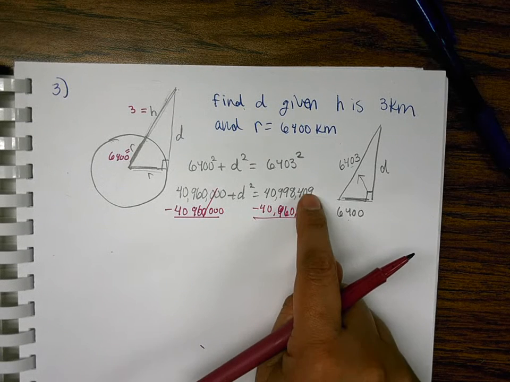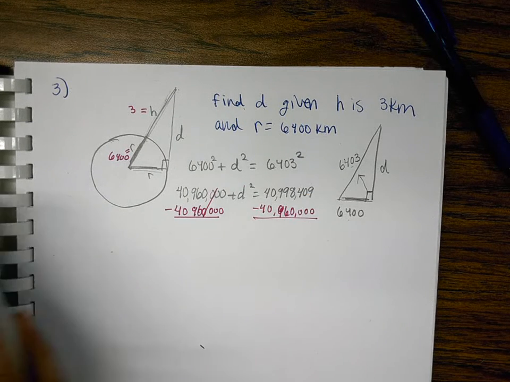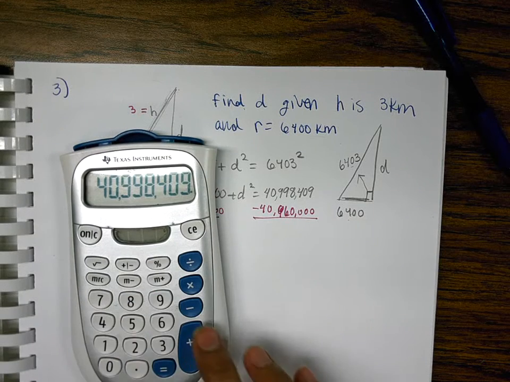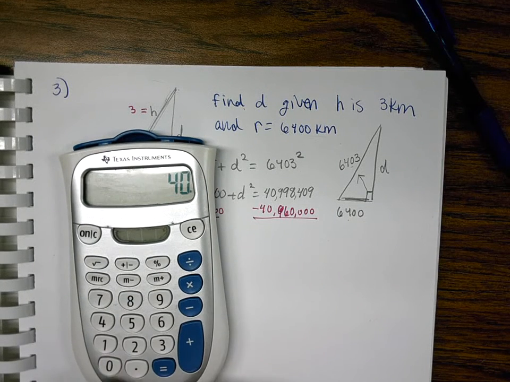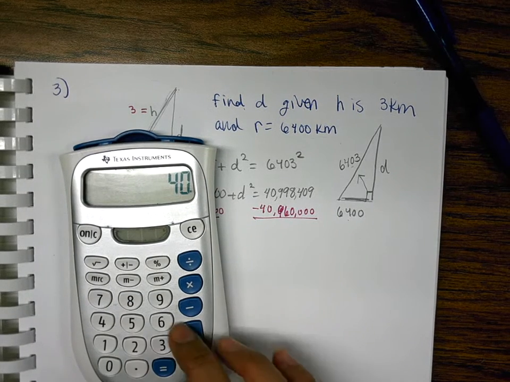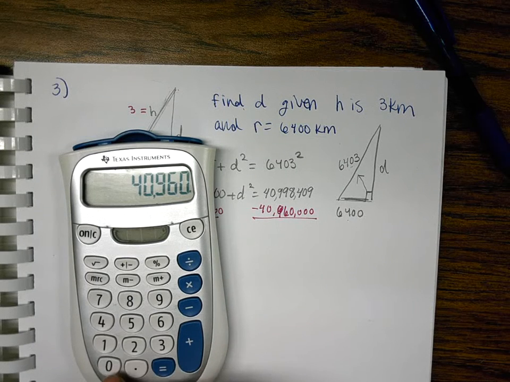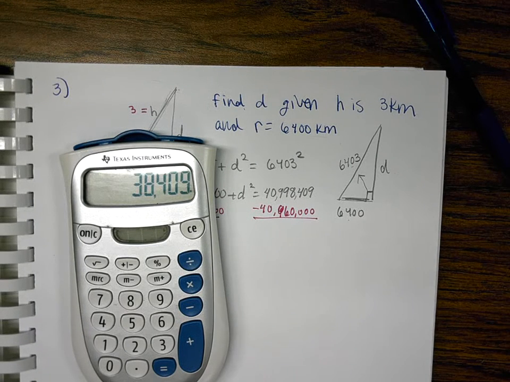That top number should still be in there because I told you to leave it. Take away 40,960,000. That gives 38,409.